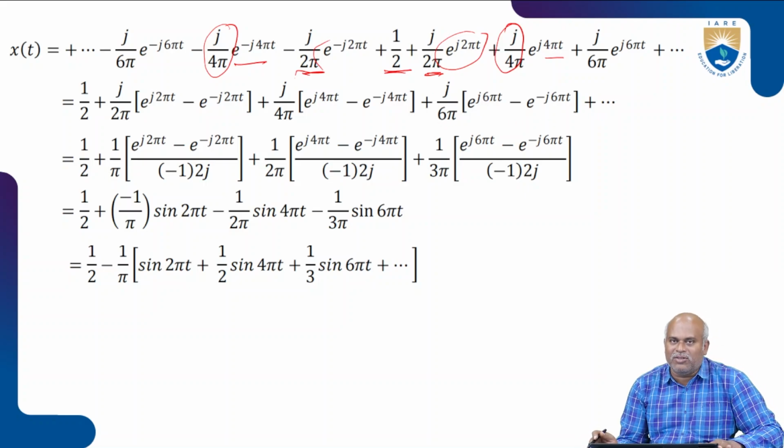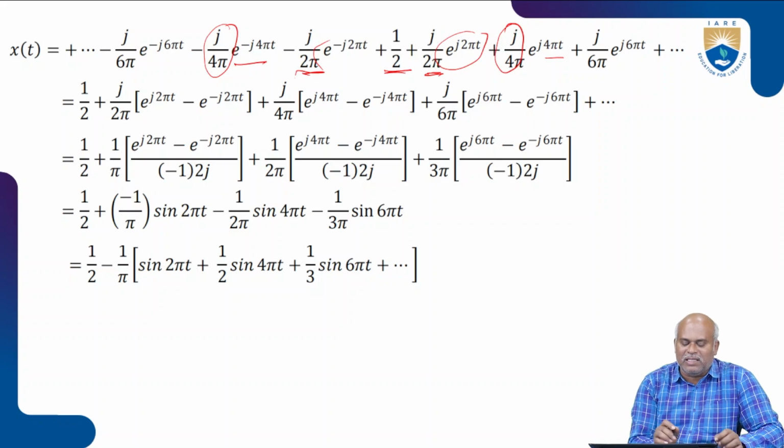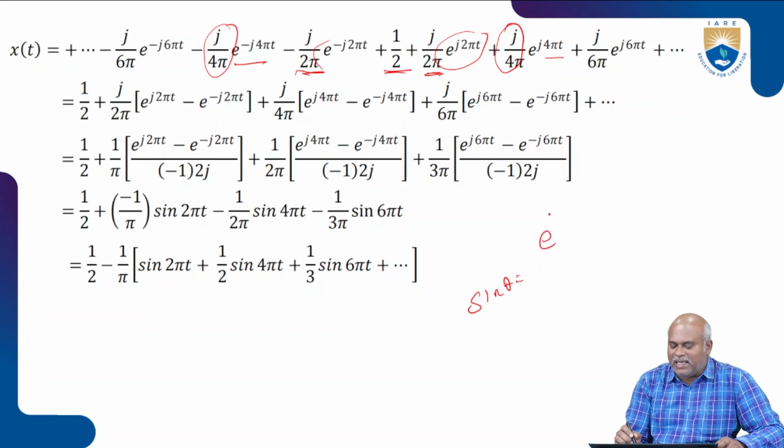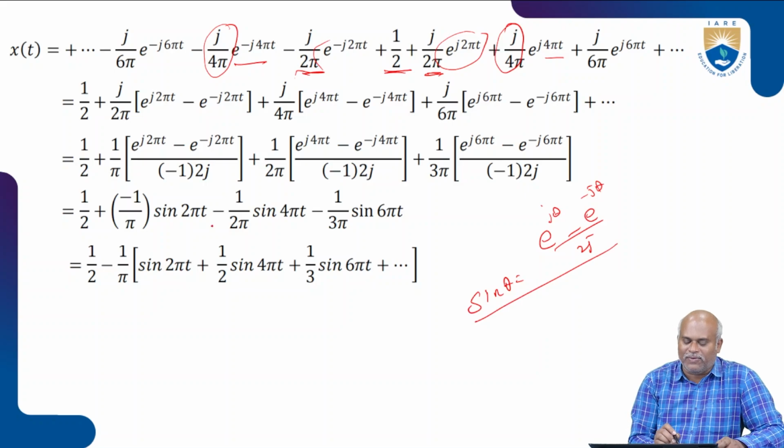After that we need to simplify our equation. This we know, in the case of sine of theta is equal to e power j theta minus e power minus j theta divided by 2j. So this format we need to write for our equation.